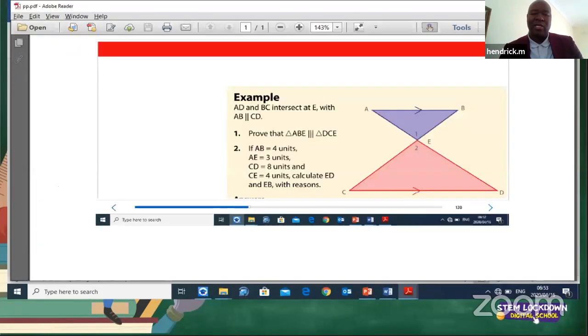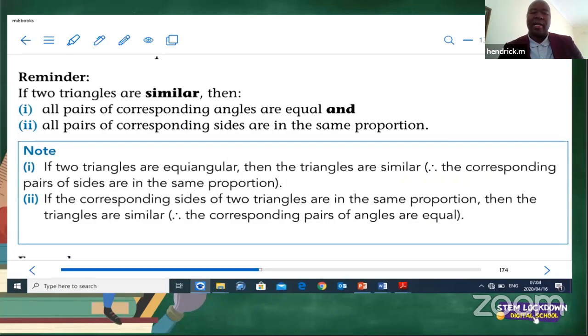And of importance, we also agree that if two triangles are similar, then all pairs of corresponding angles must be equal. Equally, all pairs of corresponding sides must be in the same proportion. So those are the conditions for similar triangles.